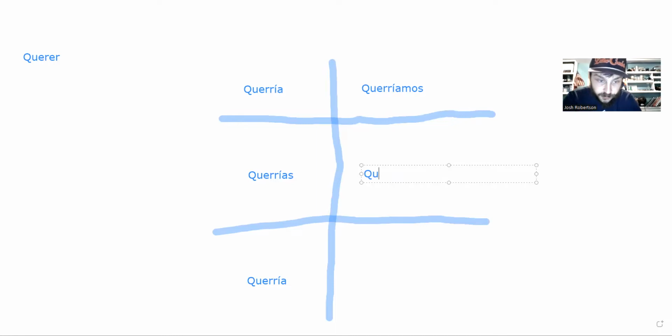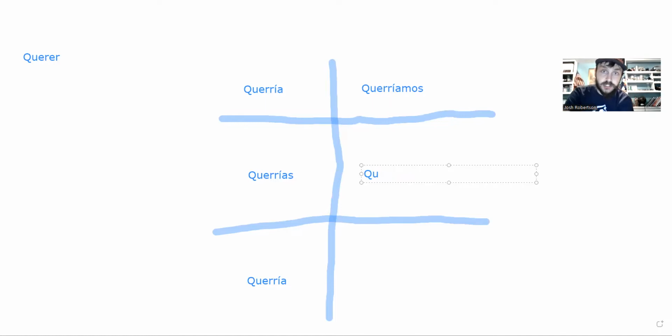And in the imperfect indicative, it is queríais. And in the imperfect subjunctive, it is quisierais, still an accent in the A, or quisieseis, right? Just going over that rare conjugation in the imperfect subjunctive there.